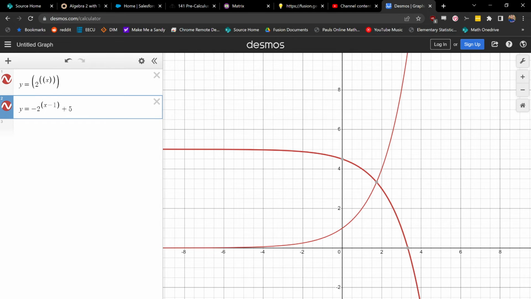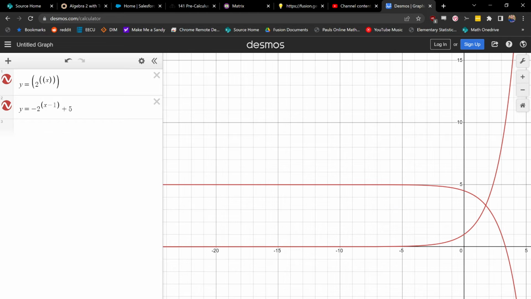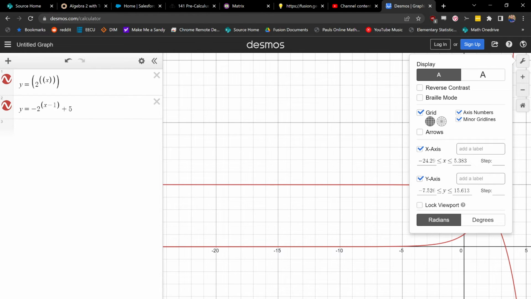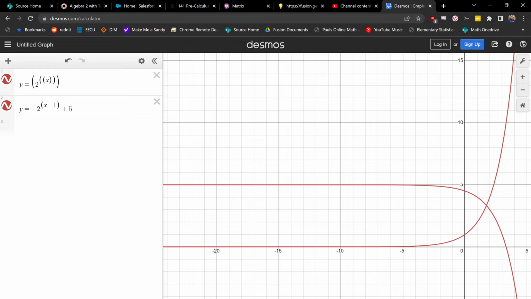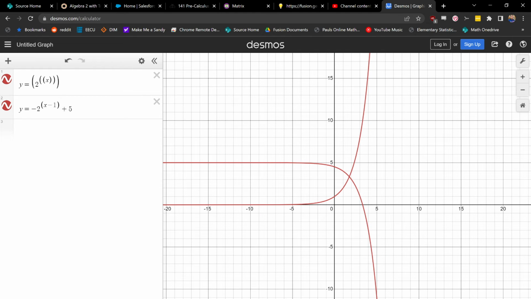It'll get closer and closer, but even if we go all the way out here, okay, Desmos says 5, but it's not actually. I don't know how to add more decimal points, but you're just going to have to trust me. It doesn't actually go to 5. So what would the range be for this modified function here?